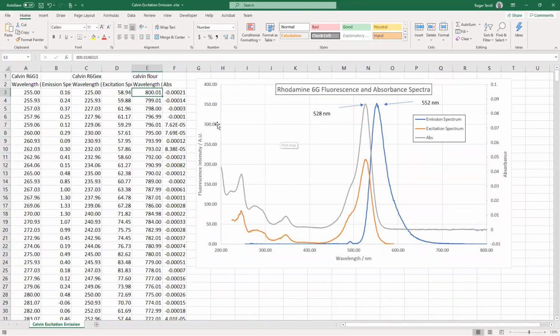Absolutely, we can. Let me grab one other thing here, which is the Jablonski diagram. Okay.